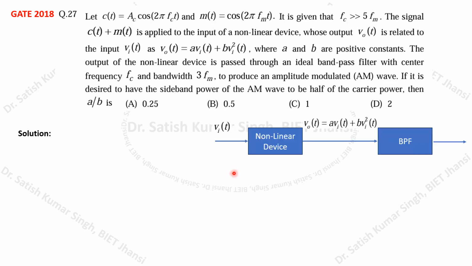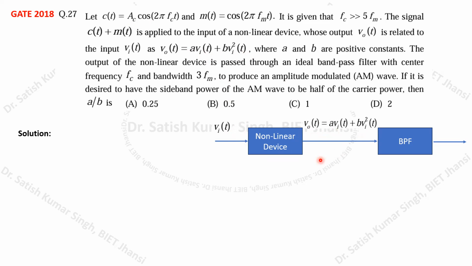First, we apply the input signal, because it is written that the signal c(t) + m(t) is applied to the input of the nonlinear device. So let us suppose we have the nonlinear device and this input V_in(t) will be applied to it. The output of this nonlinear device is related to V_in(t) by the relationship that we have written over here.